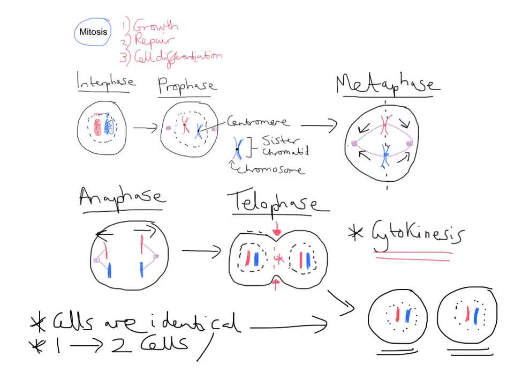And both cells that we form have a full set of DNA. So they're what are called diploid cells. Diploid means have a full set of chromosomes. So mitosis goes from 1 cell to 2. The cells that you form, the daughter cells, are identical copies of one another, and they're diploid. They both have a full set of chromosomes.